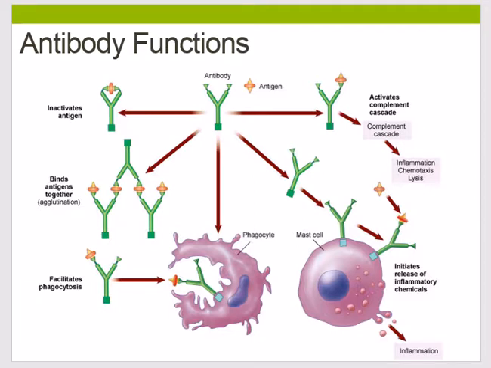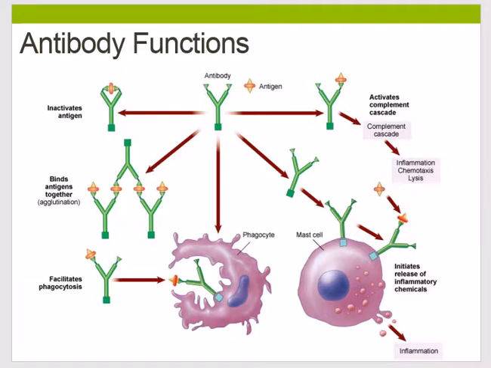Now, essentially, antibodies act on antigens by inactivating and binding them together to facilitate phagocytosis, and by initiating inflammation and activating the complement cascade. Just as a reminder, the complement proteins are that group of enzymes that produce a cascade of reactions resulting in a variety of immune responses.